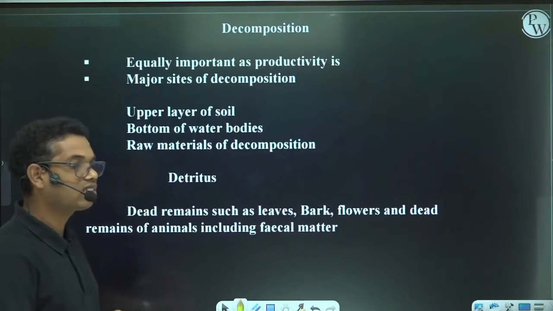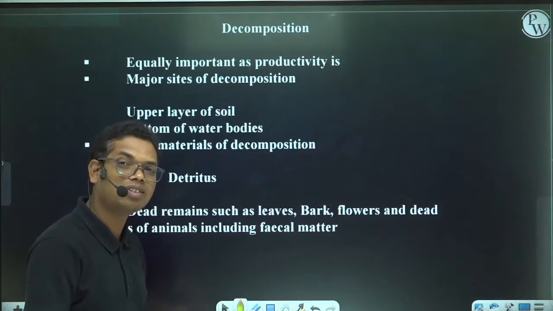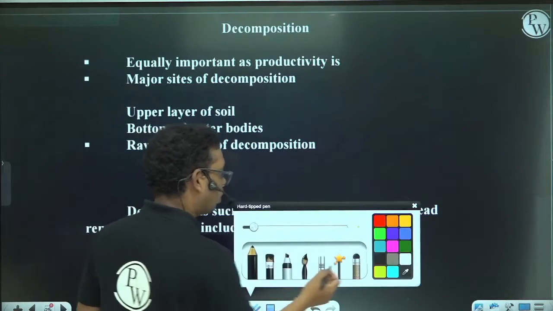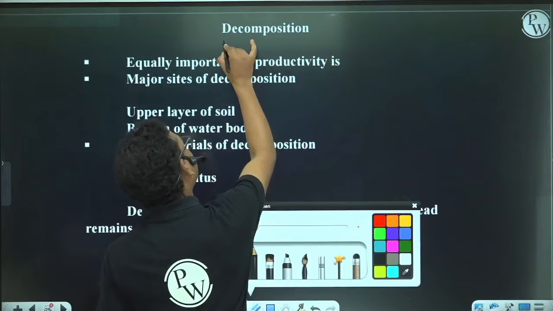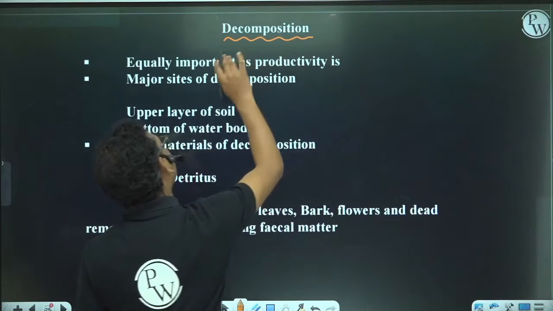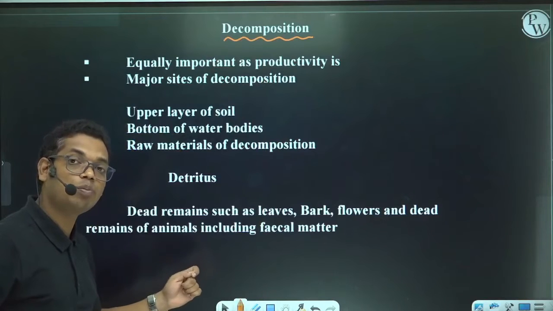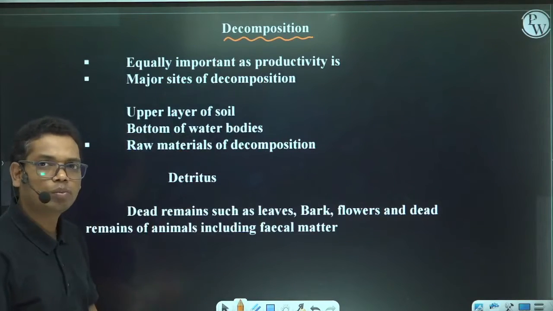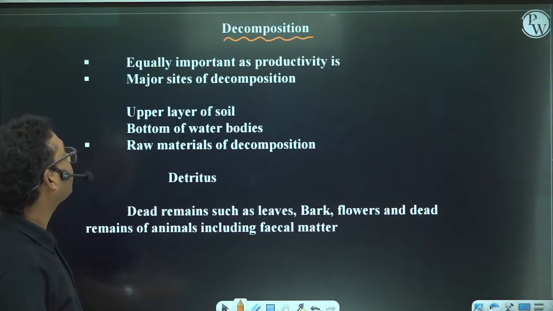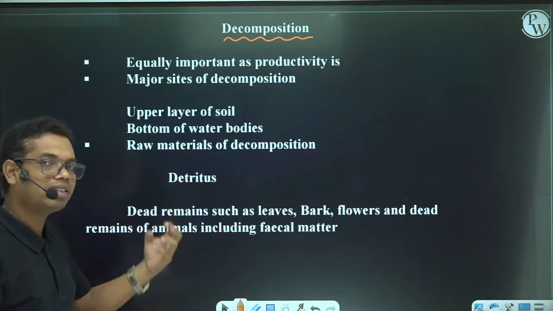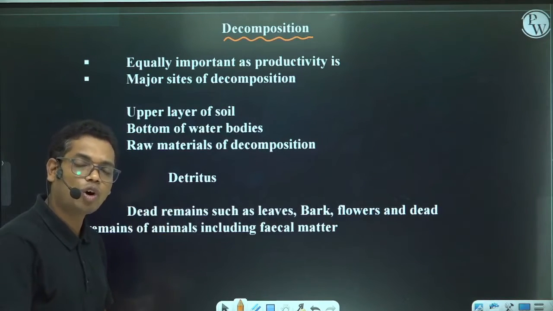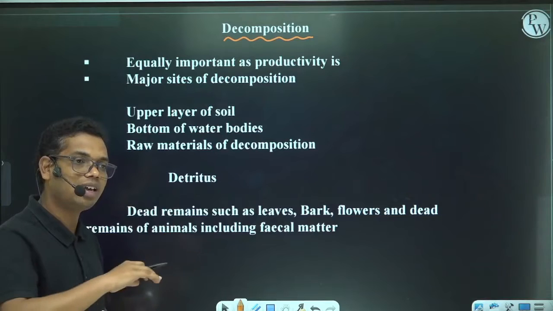Now the second functional aspect of ecosystem is decomposition. This decomposition is very, very important, and in fact equally important as compared to productivity. Do you think decomposition is the same at all places?